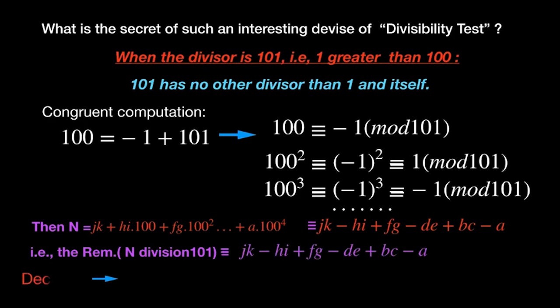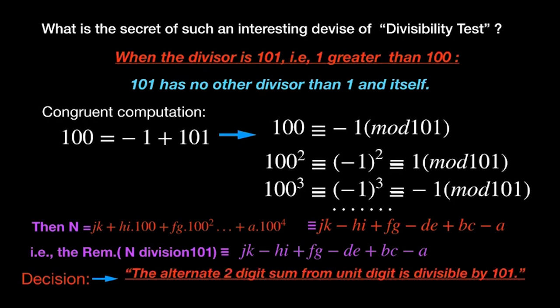Therefore we come to the decision: the alternate 2-digit sum from the unit digit is divisible by 101.